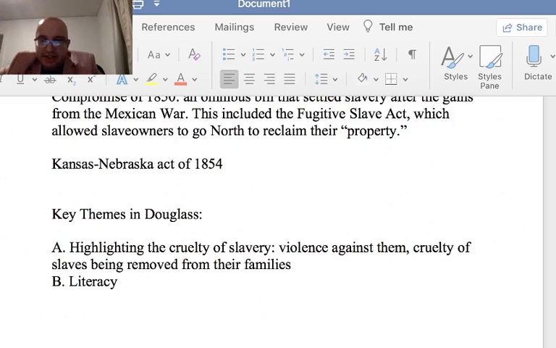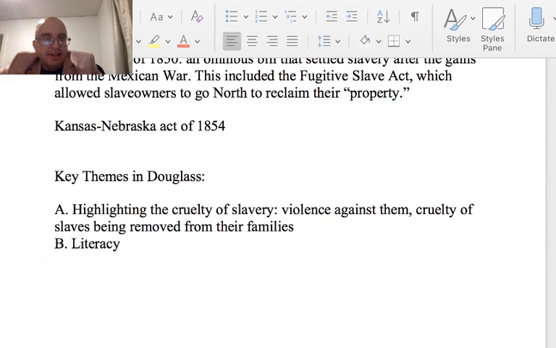So Douglass's narrative goes into the importance of literacy for slaves. Slave owners liked to keep their slaves in the dark as far as knowledge.